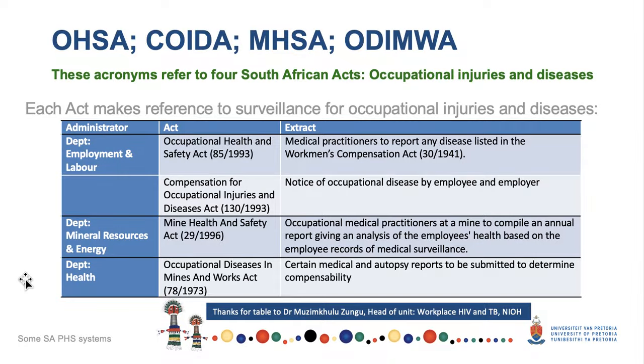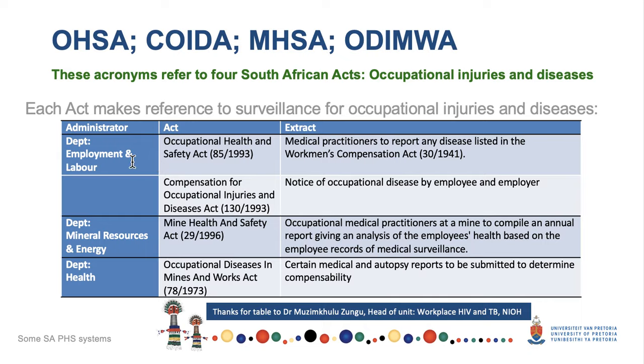Lastly, I'd like to talk about the occupational lung disease surveillance systems, because there are quite a few. You can see here there's 4 different acts: the Occupational Health and Safety Act, the Compensation for Occupational Injuries and Diseases Act, the Mine Health and Safety Act, the Occupational Diseases in Mines and Works Act.